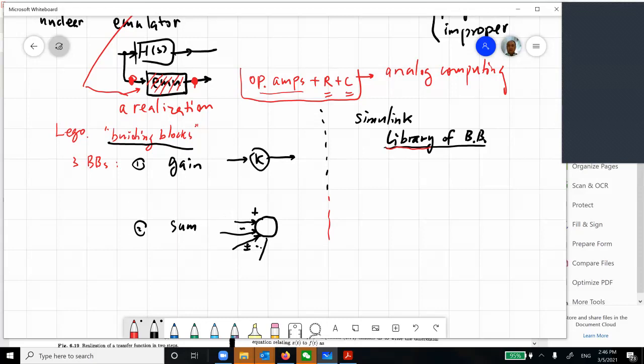You have many of these that can add together. You can choose 2 inputs, 3 inputs, 4, it doesn't matter. Add together, you have y. So y equals u1, u2, u3, and un. So this is y.